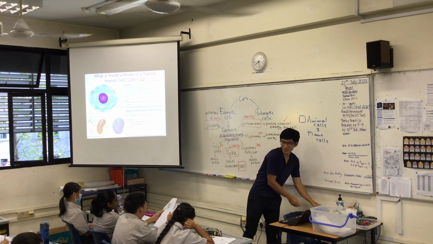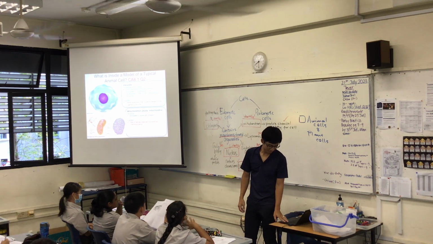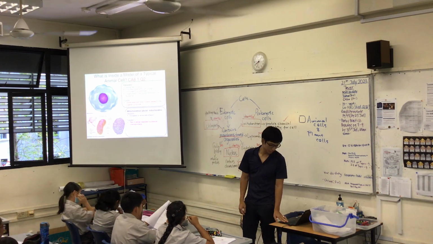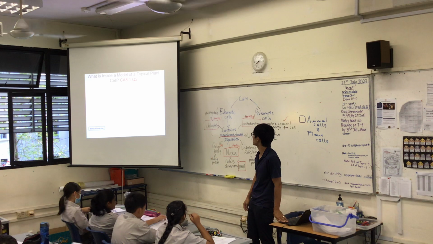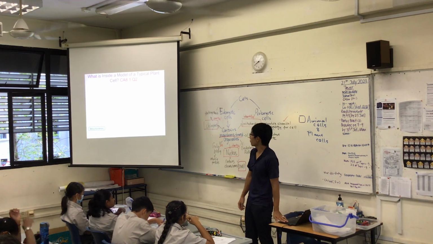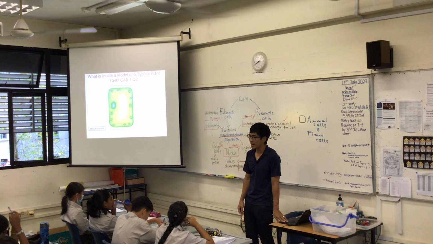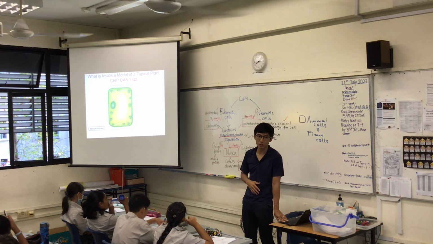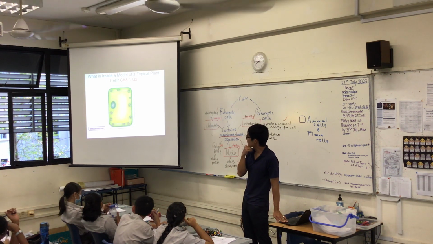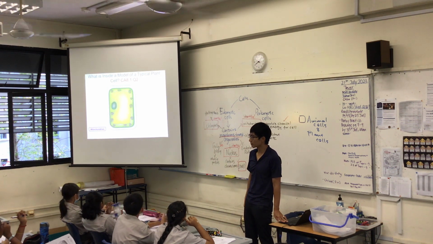Next, we go to plant cells. When we look at a plant cell, you will find that it contains many similar structures to animal cells. For one, plant cells also have mitochondria.